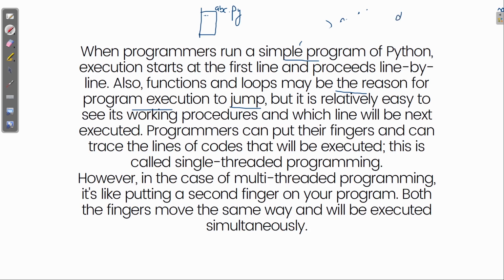If we have defined a function, suppose fun1, and written some code inside that function, the interpreter will read that code only when the function is called. That will be the reason for program execution to jump, or you can say it will interrupt it.